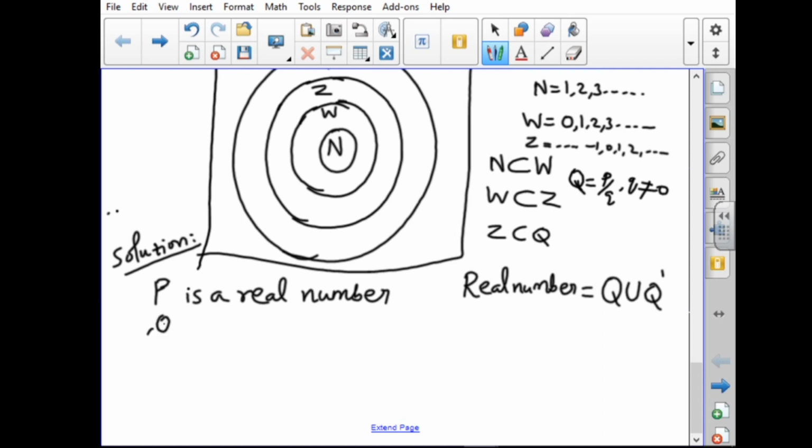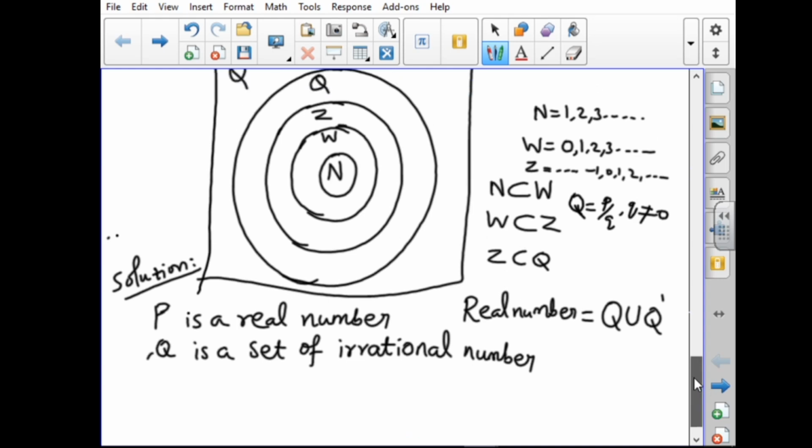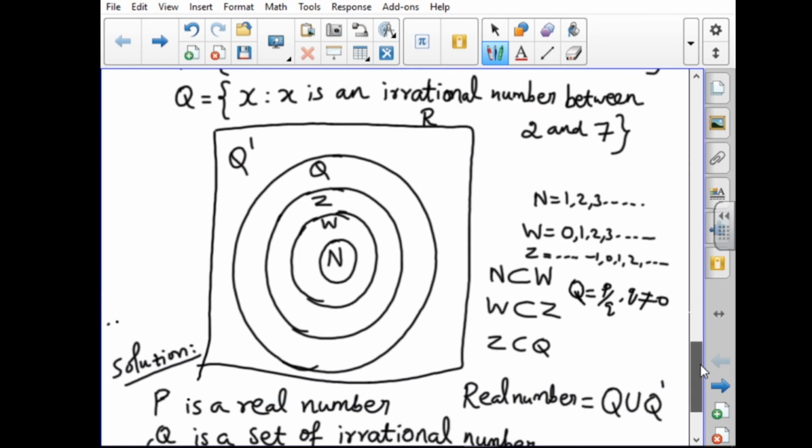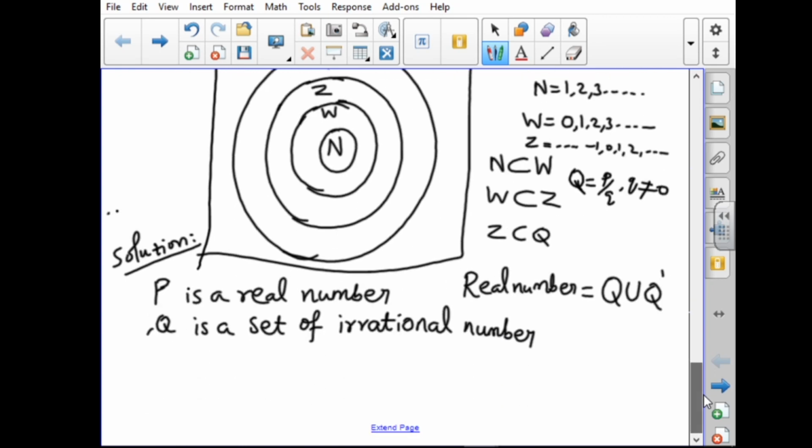Q is a set of irrational numbers. So from the diagram we know that Q dash is the irrational number. Q dash is a subset of real number.